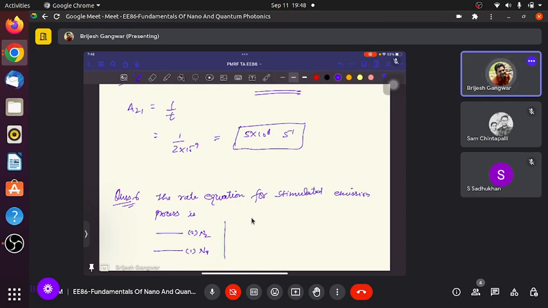Then what will be the rate equation for the stimulated emission? Yes, right answer: dn2 over dt equal to minus B21 n2 u of nu. Okay. Any question on this one?